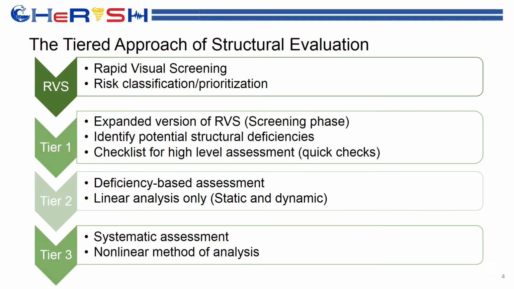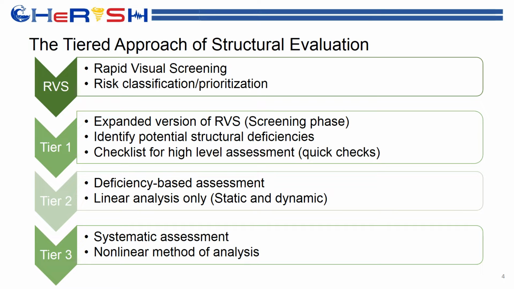And in Tier 1 assessment, we have what we call a checklist, which would allow us to determine several structural and non-structural deficiencies in the structure that are important in ensuring the structural integrity of a building. This includes some quick checks as provided in ASCE 41. And from these quick checks, it allows us to determine the severity of the potential deficiency, which would then trigger the necessary intervention.